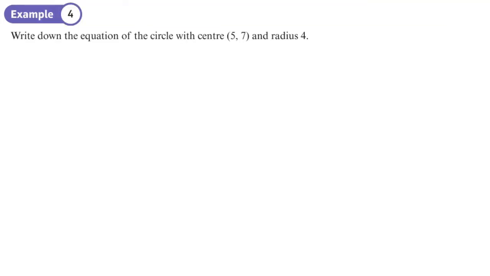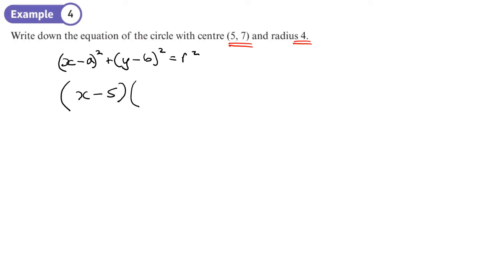Right, okay, write down the equation of a circle with center (5, 7) and radius 4. So we grab our equation of a circle, which is this, and the center is (5, 7), so it's (x minus 5), not x plus 5, squared, plus (y minus 7), not plus 7, squared equals 4 squared, which is 16.